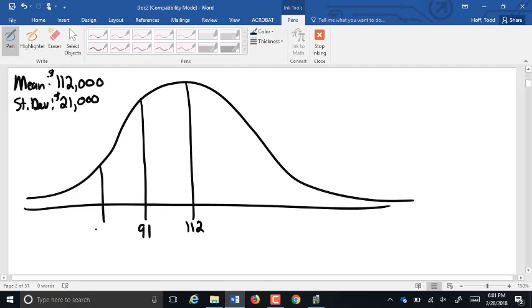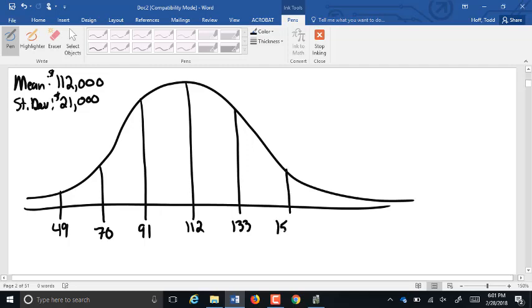Next step is going to be 70, and the next step will be 49,000, which is 70 minus another 21,000. Going up, we would have 133,000, the 112 plus a standard deviation of 21,000.